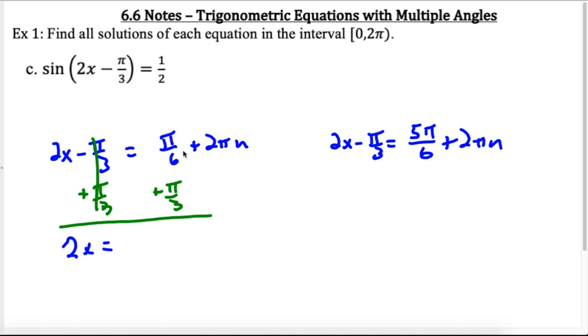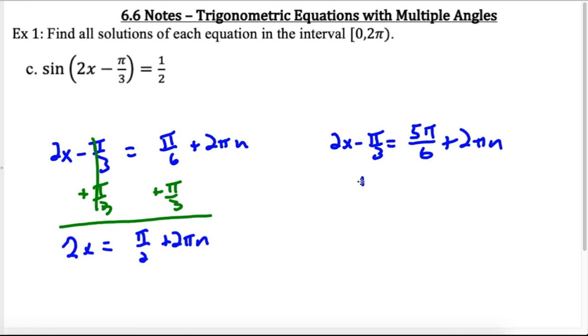So 1 pi over 6 plus 2 pi over 6 would be 3 pi over 6, which would just reduce to pi over 2 plus 2 pi n. Now we don't add pi over 3 here because these would not be like terms, right? This is still something with a variable and this is still a constant. So we're just adding constants to constants.